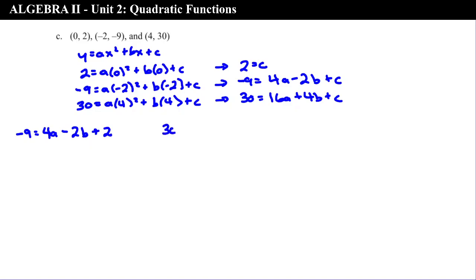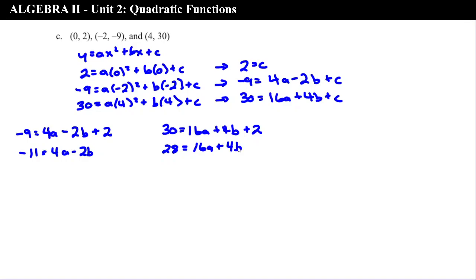And you have 30 equals 16a plus 4b plus 2. Subtract 2 from each side, you get negative 11 equals 4a minus 2b. And then over here, subtract 2 from each side, we get 28 equals 16a plus 4b.